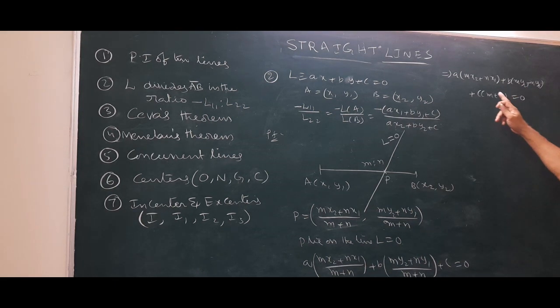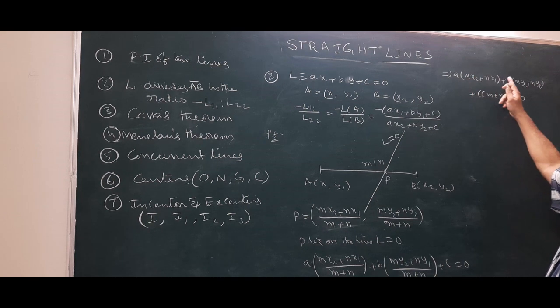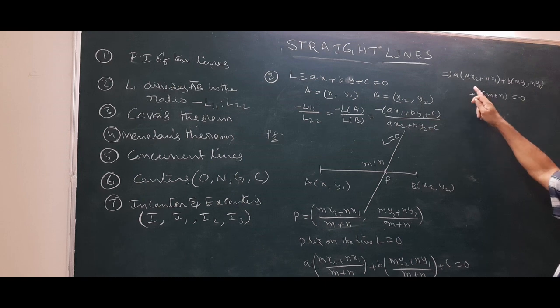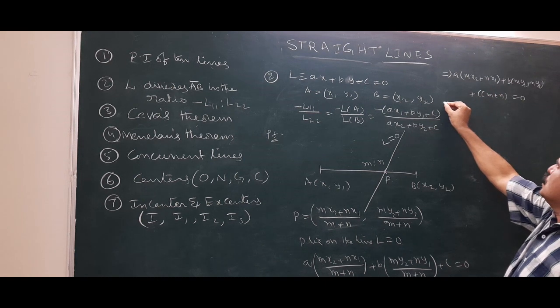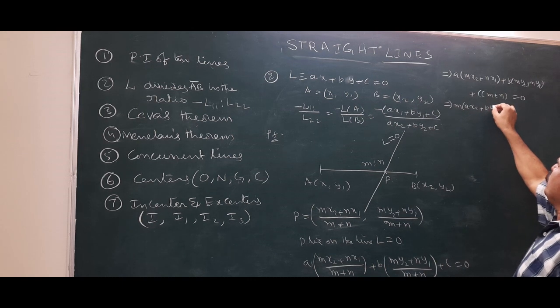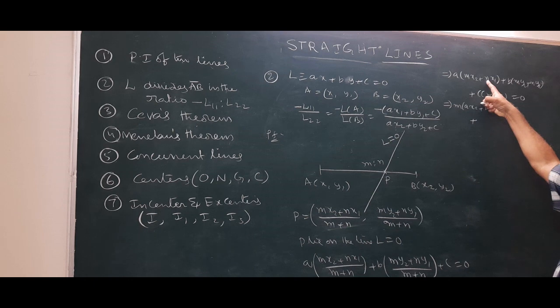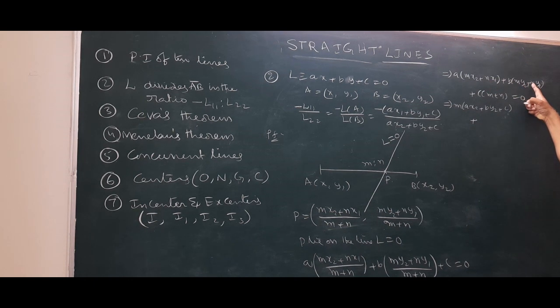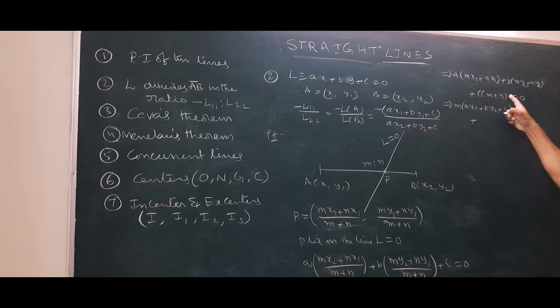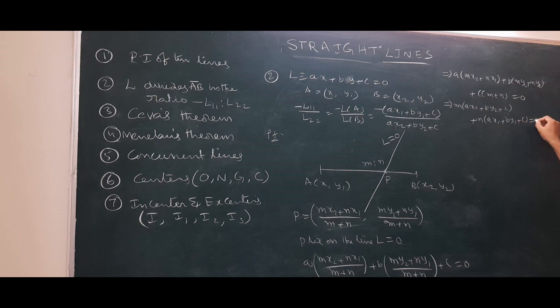Now we get six terms: amx2 plus bmy2 plus cm. In these three terms, m is common, so m into (ax2 plus by2 plus c), plus the second terms anx1 plus bny1 plus cn. In that, taking n common, n into (ax1 plus by1 plus c) equal to 0.